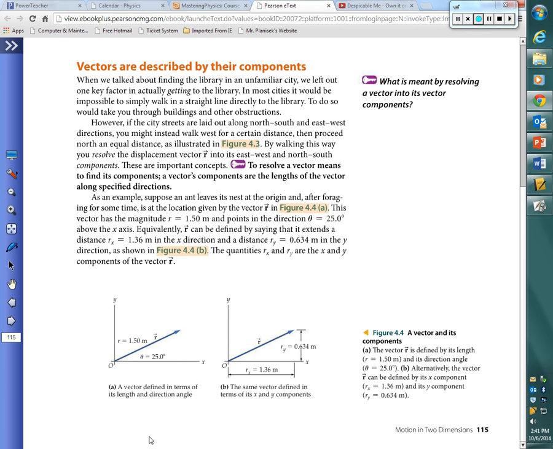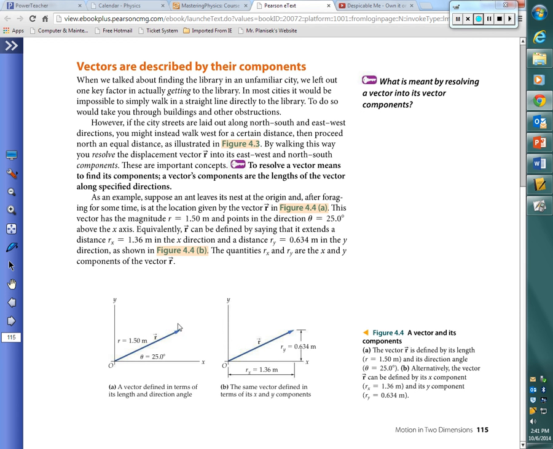But over here in B, they have resolved that vector into its components. A vector that ends up in the first quadrant of an xy axis, you're going to look at that in math, right?